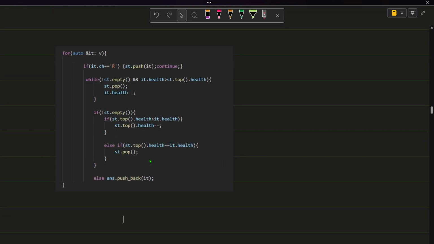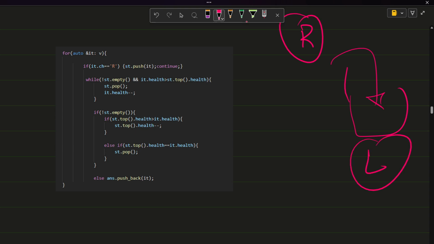Now, if the direction of the robot is right, then as I told you, we push it into the stack. If the left direction is encountered, it will go into the else branch.